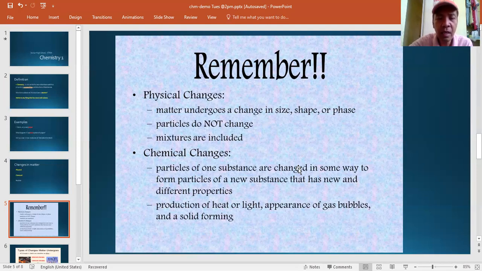Next, chemical changes. In chemical changes, particles of one substance are changed in some way to form particles of a new substance that has new and different properties. After burning, you have ash, correct? Paper and ash are not the same anymore, because we have a new substance after burning the paper. So that is chemical change.